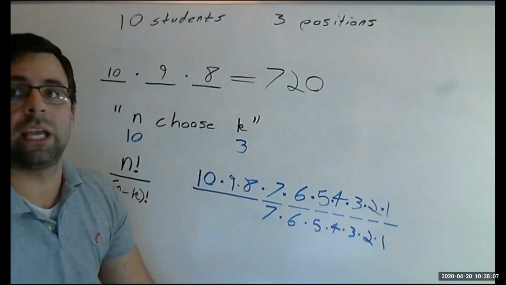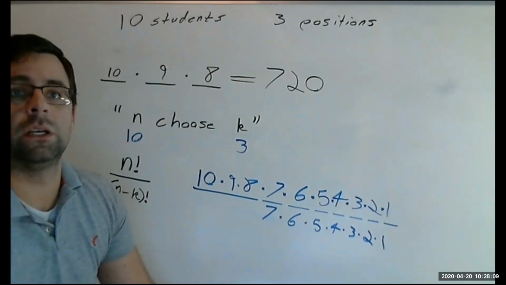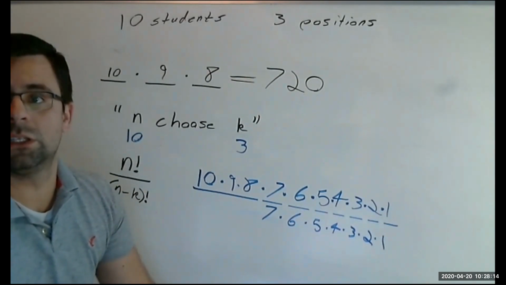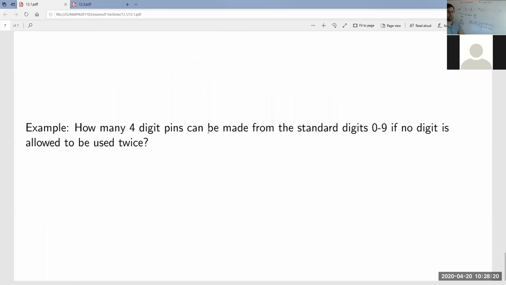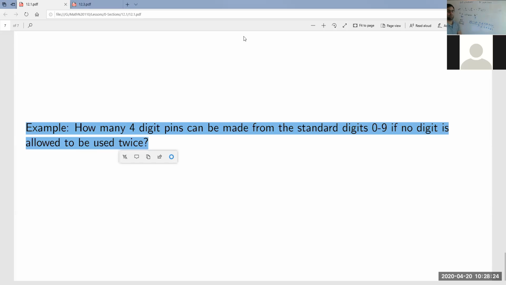So let's look at it in a different context. How about this second one? How many 4-digit pins can be made from the standard 0 through 9 if no digit can be used twice?